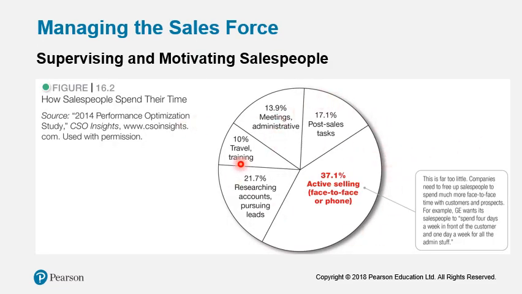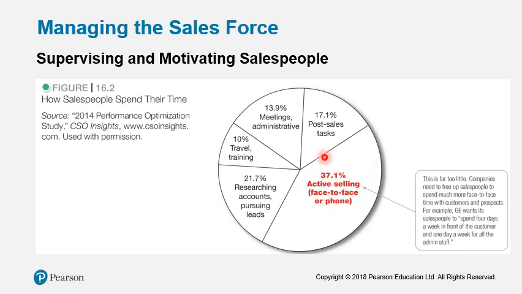Now, this is figure 16.2, showing how salespersons spend their time. This is a survey done previously in 2014 on the performance optimization study, where they see that 37.1% of the salesperson's time is spent on face-to-face or phone selling.